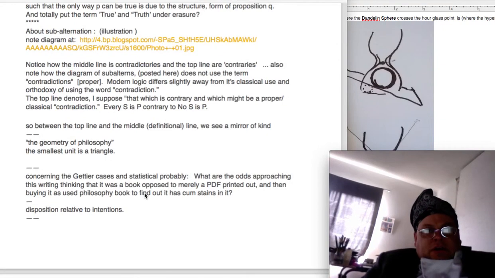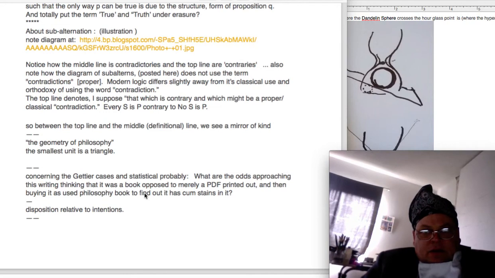Notice how the middle line is contradictories and the top line are contradictories or contraries. Also note how the diagram of subaltern posted here does not use the term contradictions proper. Modern logic differs slightly away from its classical use and orthodoxy of using the word contradiction.